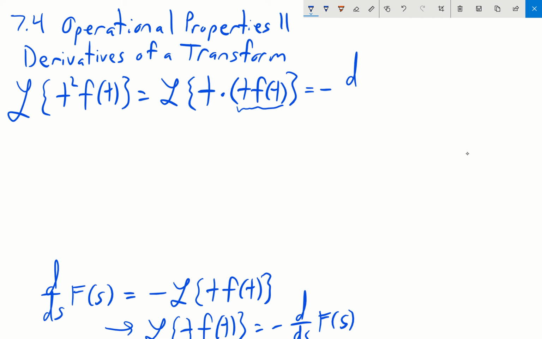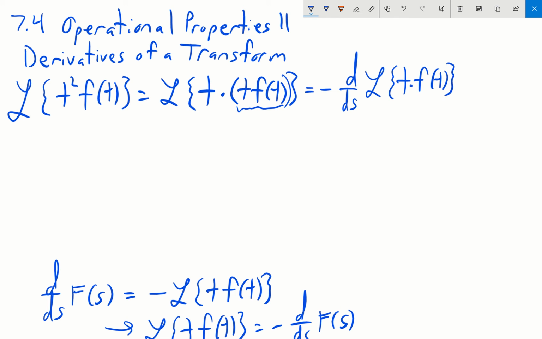So when you have t times f of t, it's the negative of the derivative of the Laplace transform of that inside function. So this is going to be the negative of the derivative of the Laplace transform of what I have in this parenthesis, t f of t.